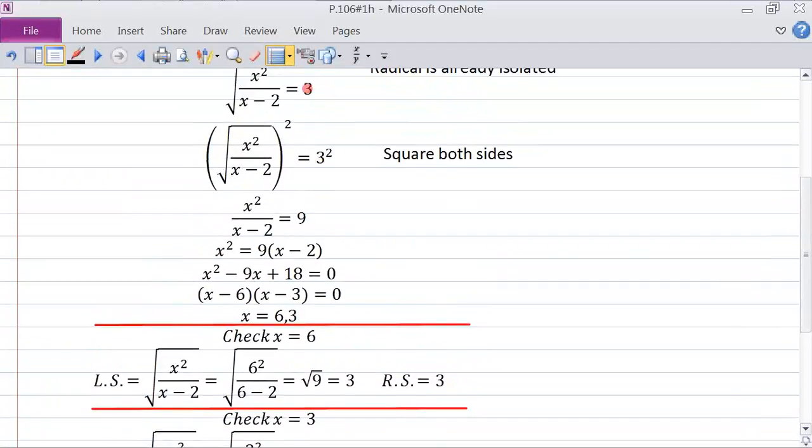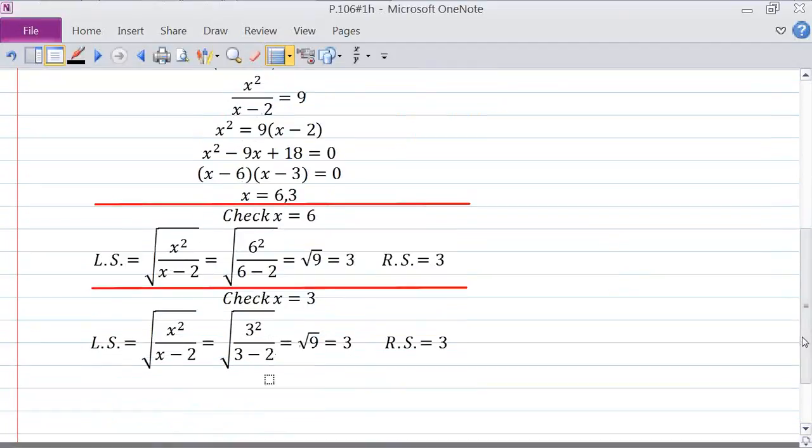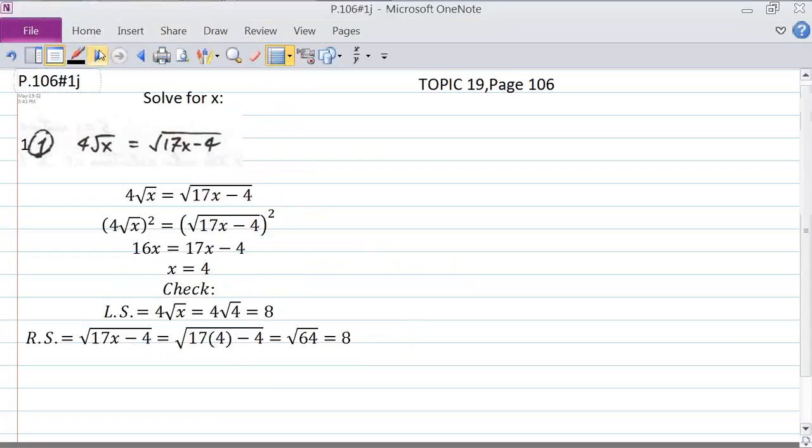Now we check with x equals 3. We put it into the left side: 3 squared over 3 minus 2 is 9 over 1, which is 9. The square root of 9 equals 3, and the right side equals 3. So these are two solutions for that problem.